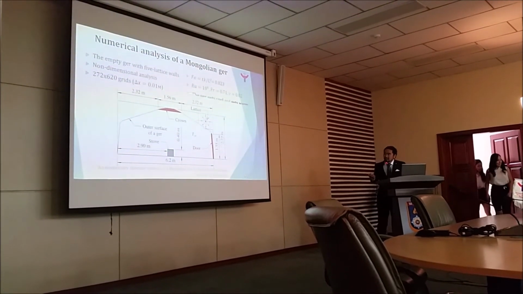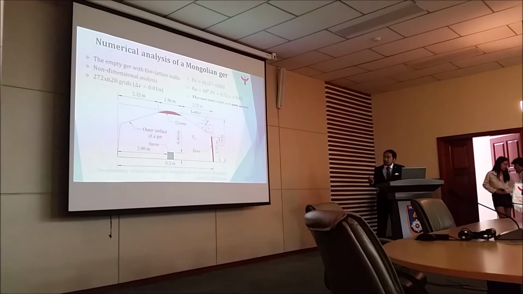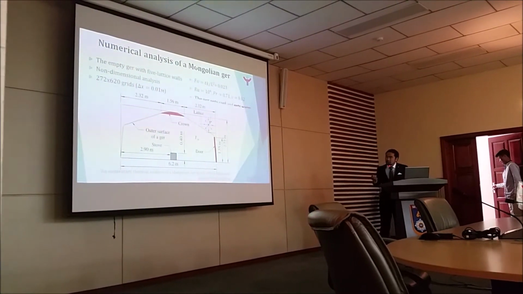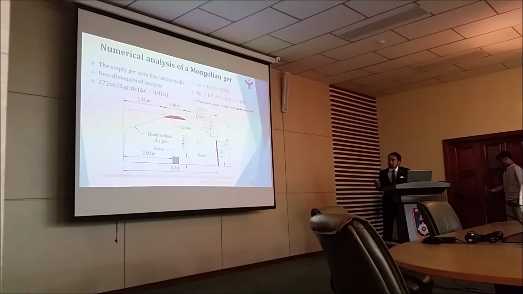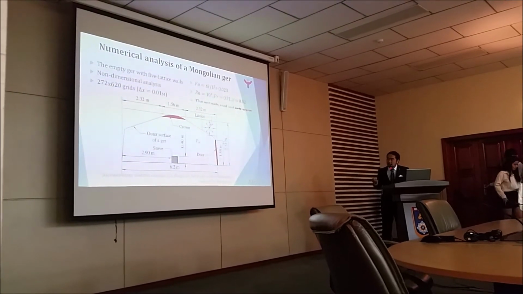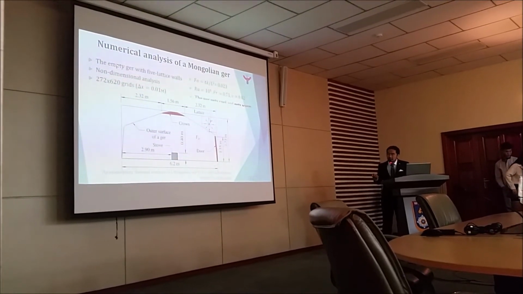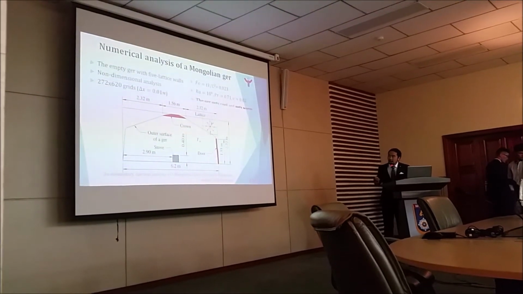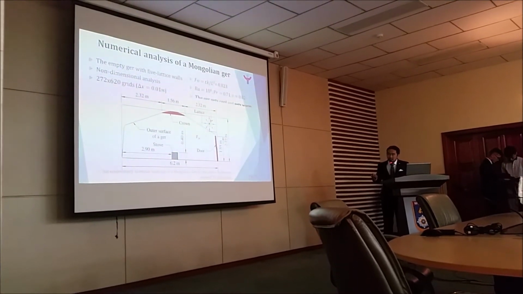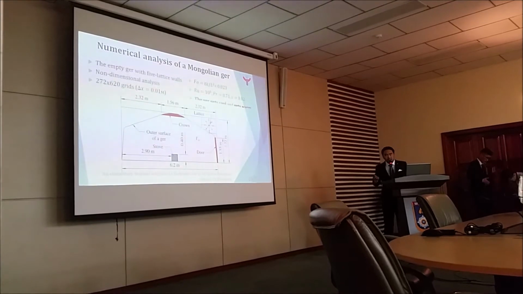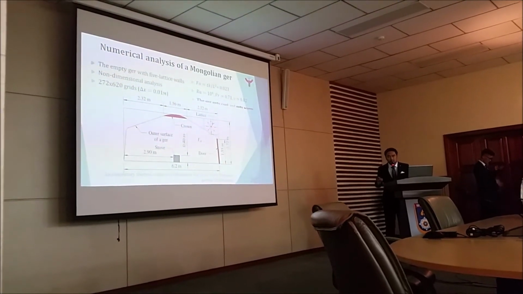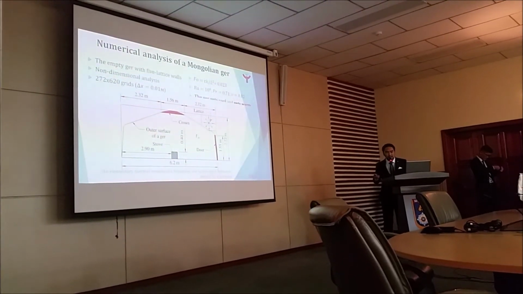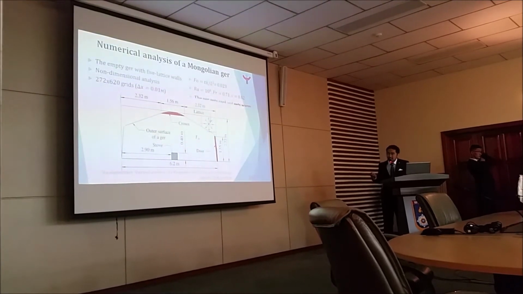So let's get started with the numerical analysis of Mongolian Ger. We are going to study heat and flow inside the empty Ger with 5 lattices, because this is a common size of the Ger. And we do non-dimensional analysis because this is more appropriate for the basic and fundamental implications.